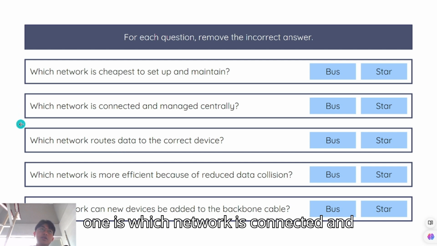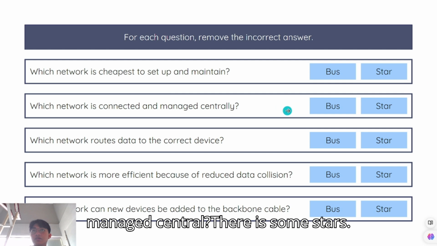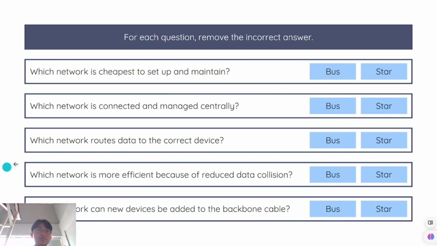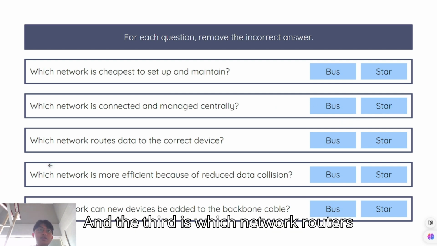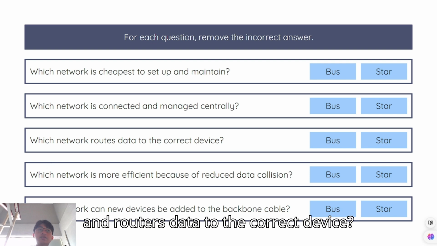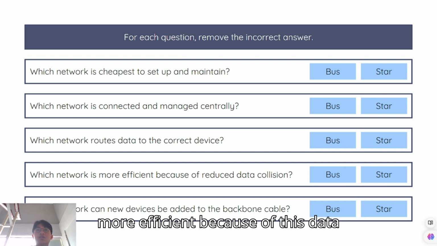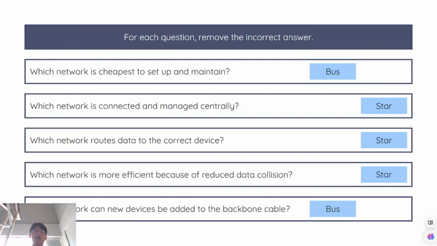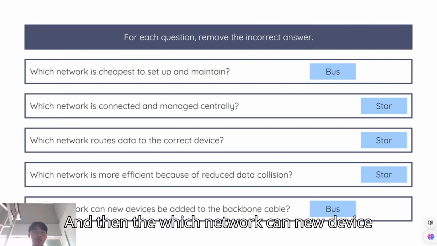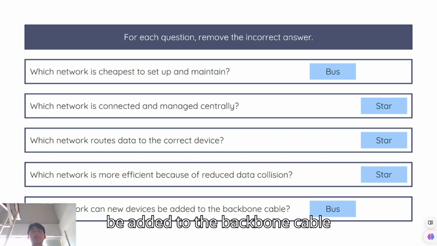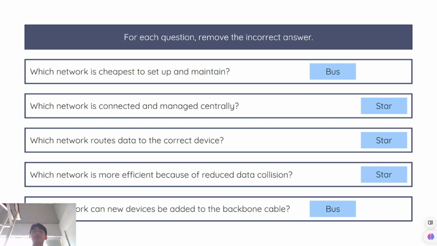The second: which network is connected and managed centrally? Star. The third: which network routes data to the correct device? Star. Which network is more efficient because of reduced data collision? Star. And which network allows new devices to be added to the backbone cable? Bus.